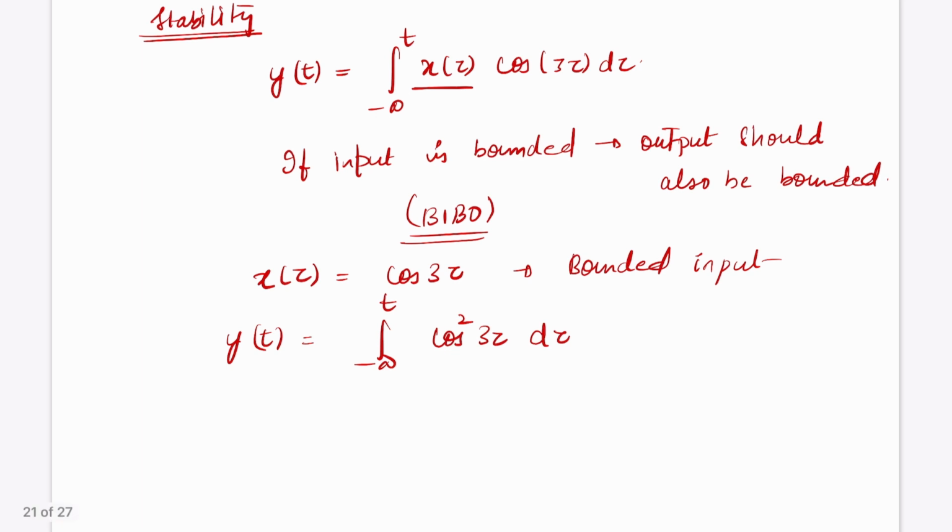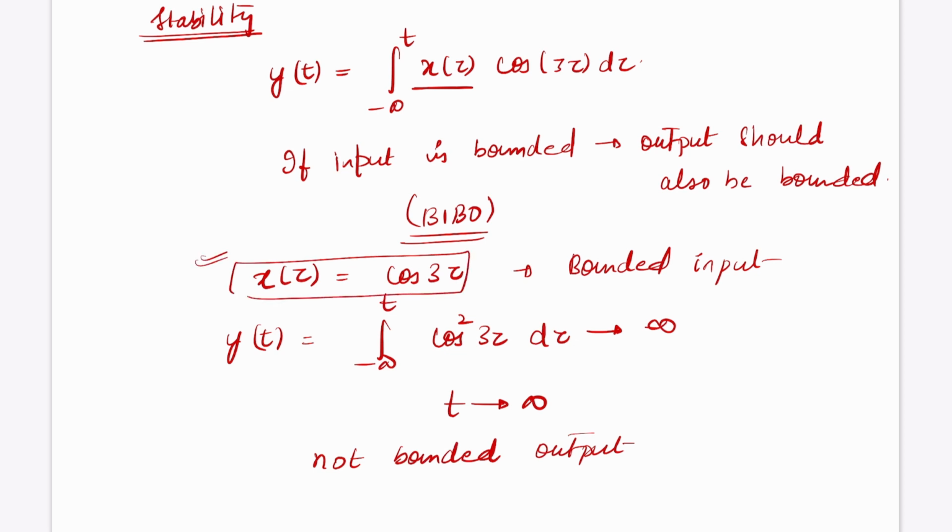Now, if time t approaches infinite, this signal also approaches infinite. So that's why it is a not bounded output for this particular bounded input. So we have given one bounded input and the output is not bounded for that input. So I can say that it is not a stable system.